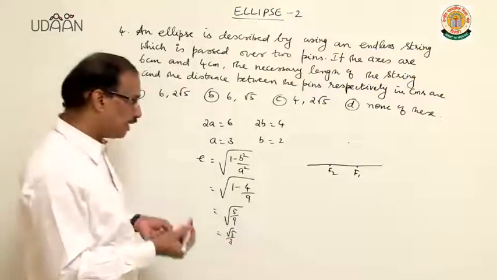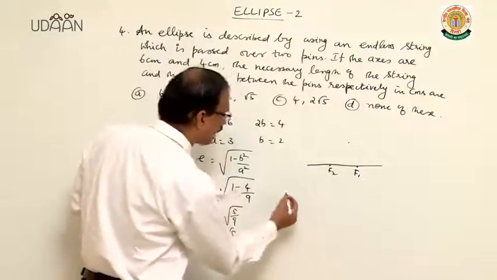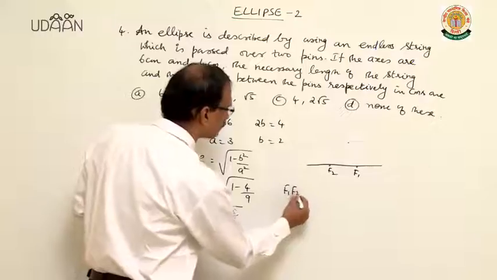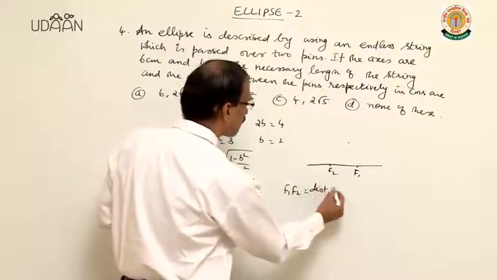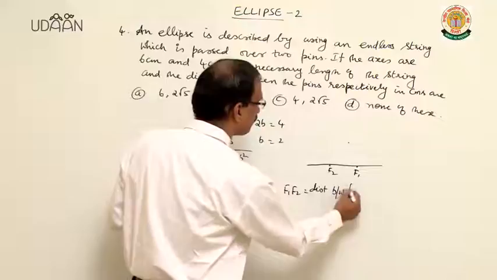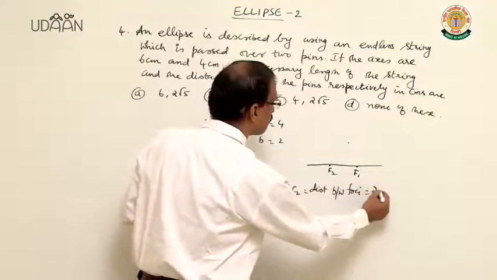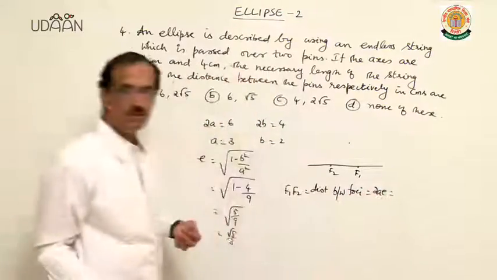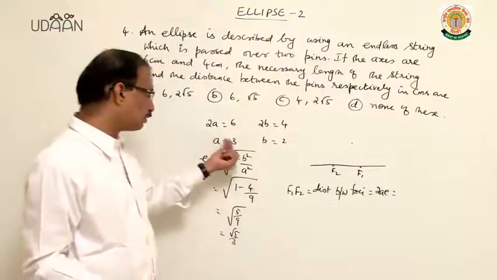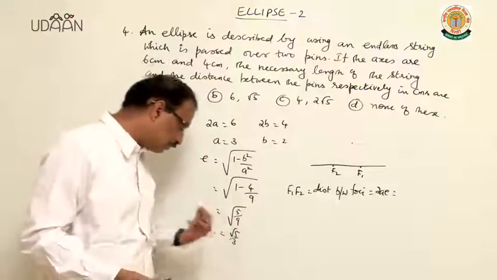Now the distance between the foci F1 F2 is 2ae. We know a is 3 and e is root 5 by 3.